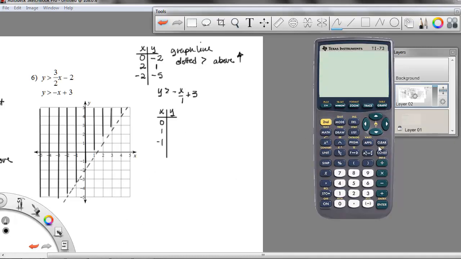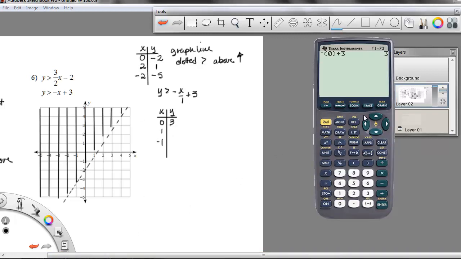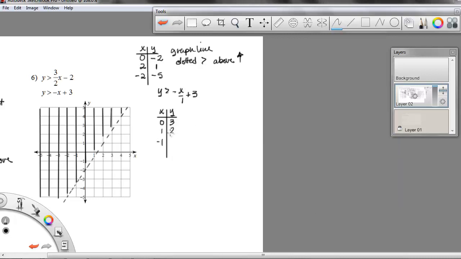Now let's find the y values using my calculator. So I have 3. I put 1 in there, and I think I should get a 2. Yep, 1 and 2.